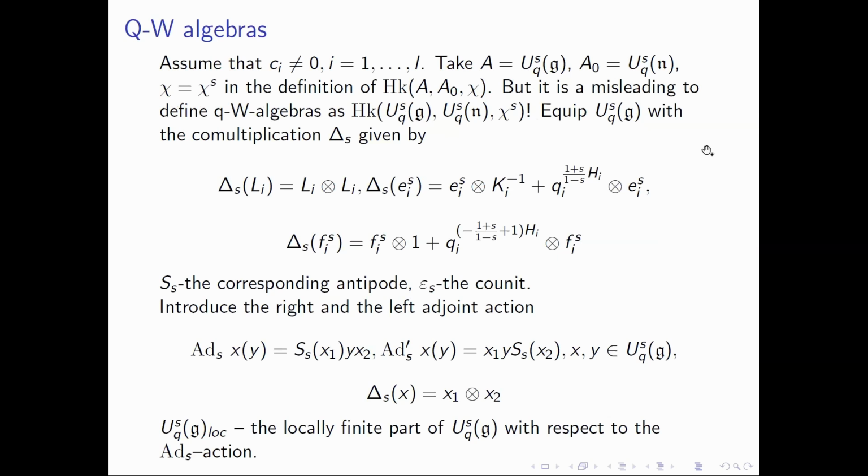But it turns out that this definition is not quite appropriate for our purposes. The point is that its behavior when q tends to 1 is not good enough. You can still introduce all the objects which I already mentioned, but they will not have nice properties.